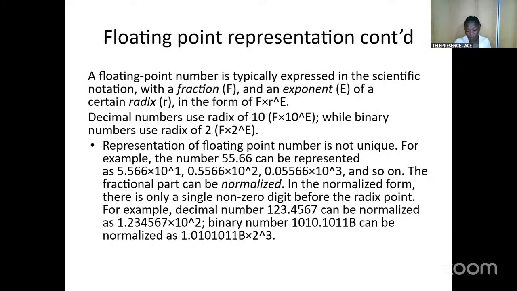When we now have 10 raised to the power of 2, the first number is taken from what was given, 1.234567. After the first number, we have the decimal point, and the power of 2 will represent the scale. So we are representing it in base 10. And the binary number.